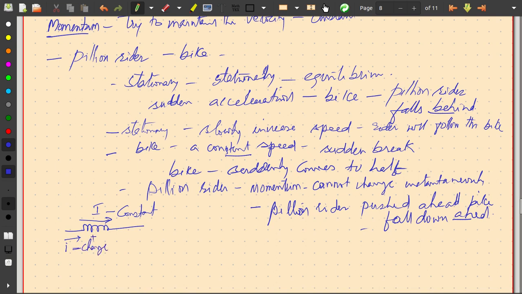So there will be an equal and opposite EMF produced across the inductor, which produces a reverse current which is equal to the change in current. So whatever change in current you are finding here, the same change in current is produced because of this back EMF, and because of which these two cancel each other, and hence the current tries to remain constant. That's how the effect of inductance is.